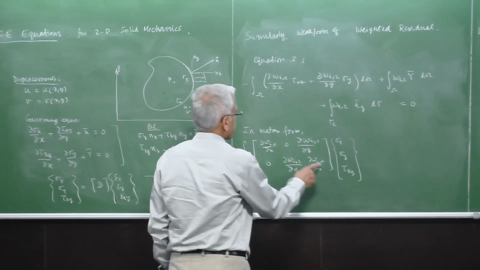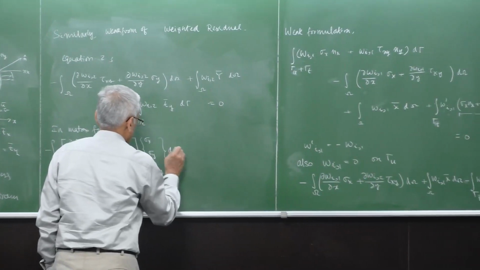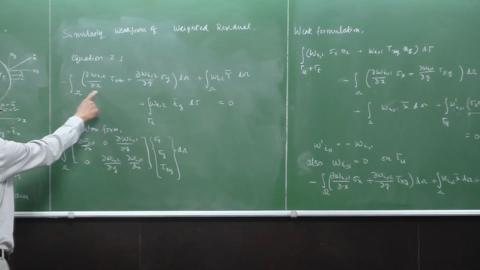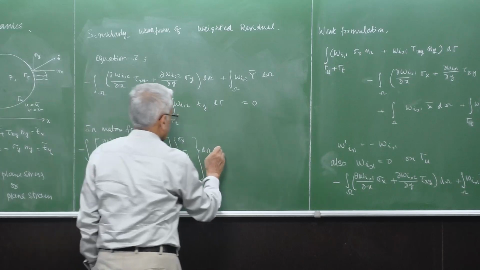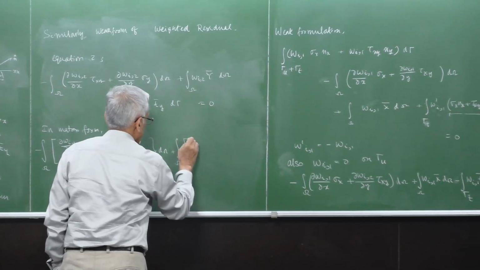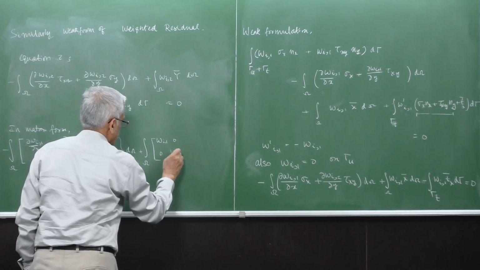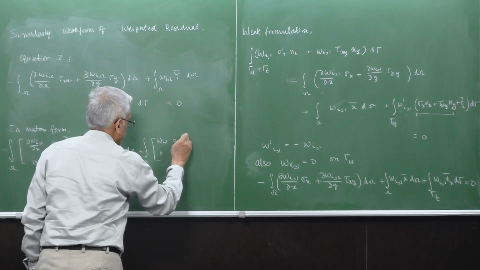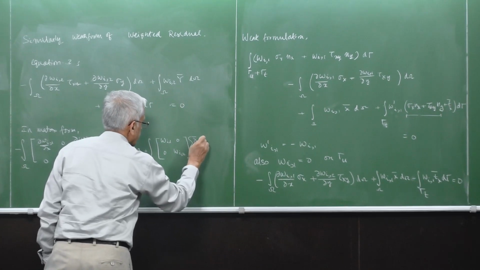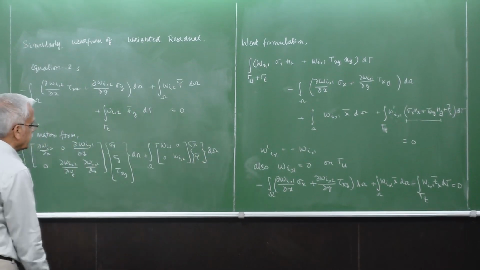So similarly, the second equation refers to this one. So this is this first part, and the second one, wi comma 1, 0, wi comma 2, x bar y bar, d omega, right?